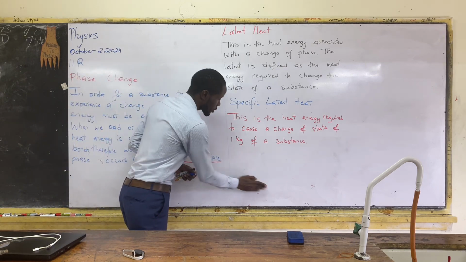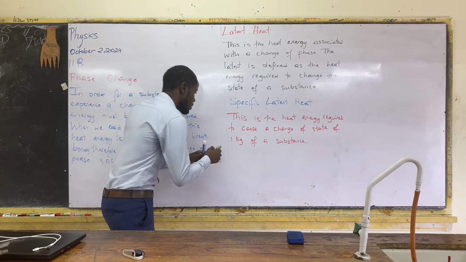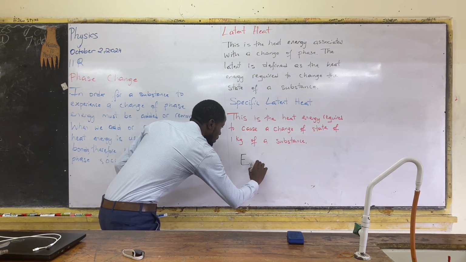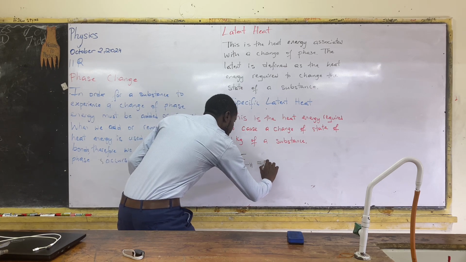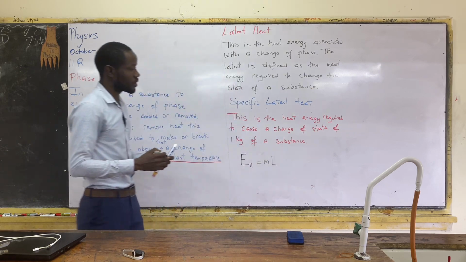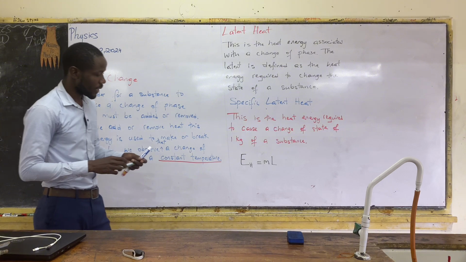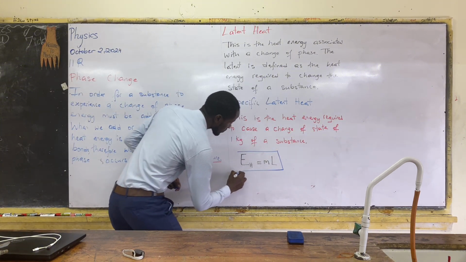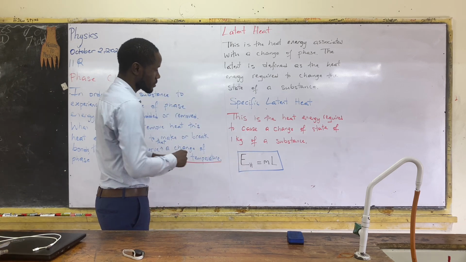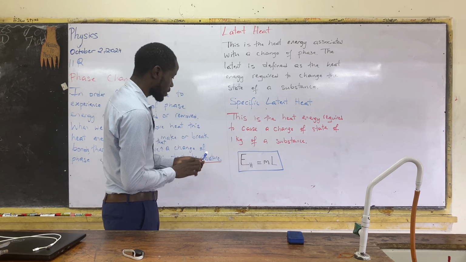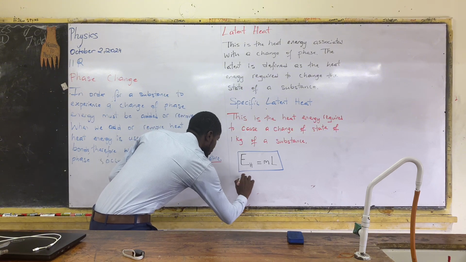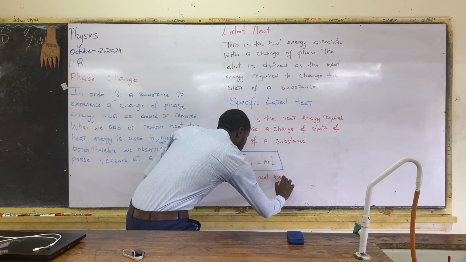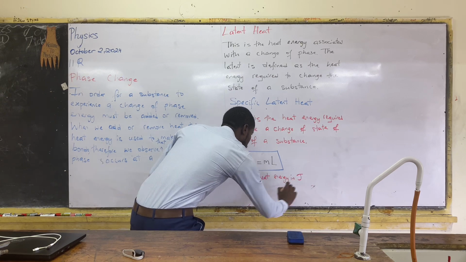And we can write a little expression where we say that the heat energy, EH, is equal to m times L. So in this case, we have EH, which is our heat energy, measured in joule.